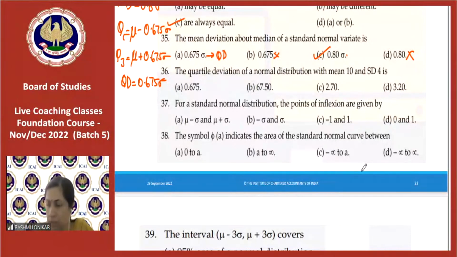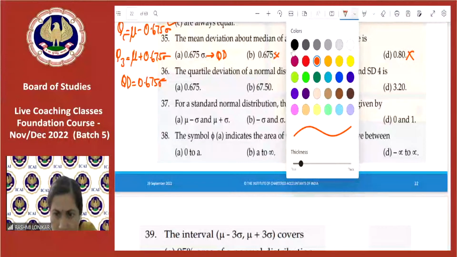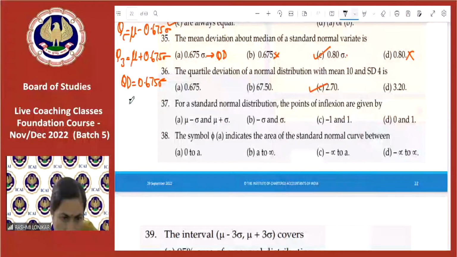So 0.675 into sigma, sigma is 4, which is equal to 2.7. So C will be the correct answer.